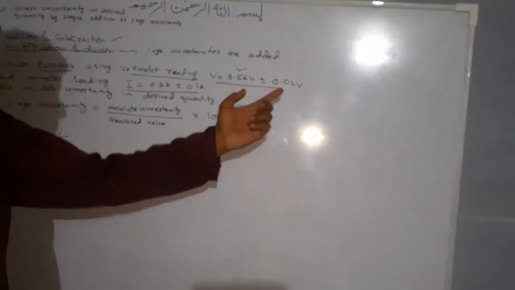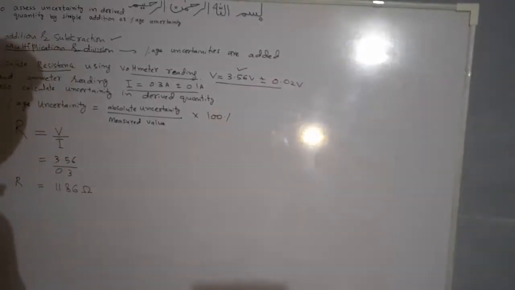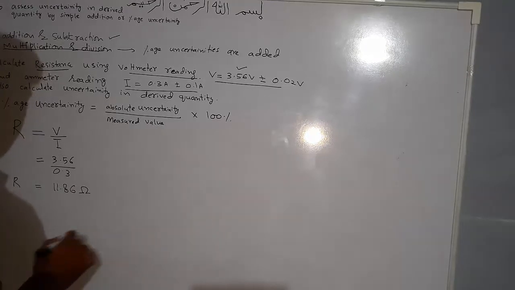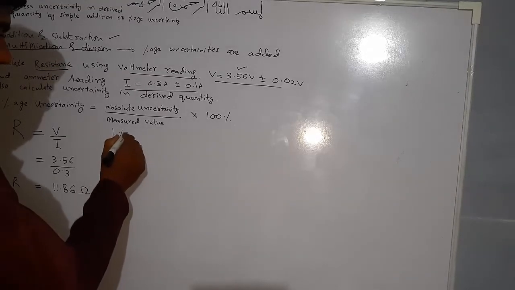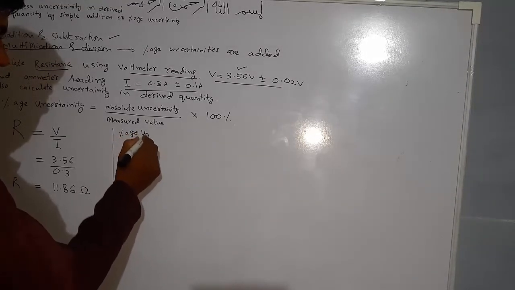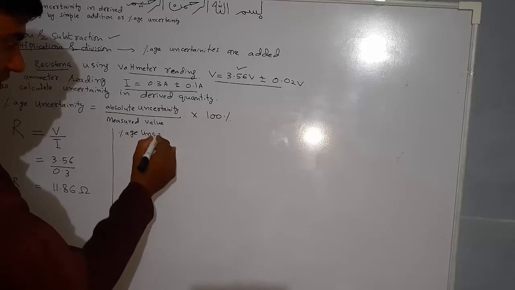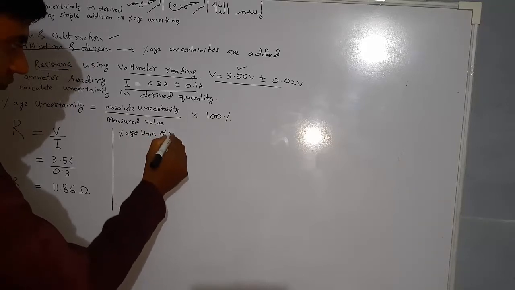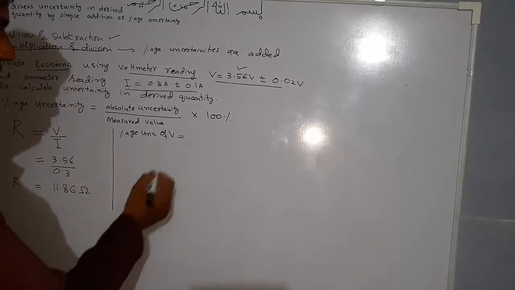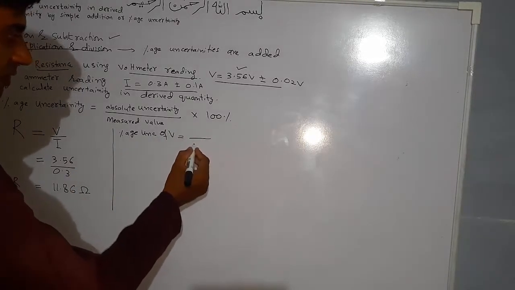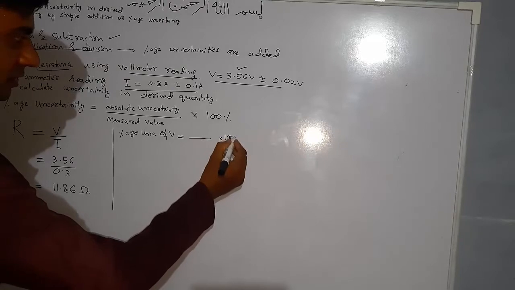First we calculate the percentage uncertainty for the voltage. The formula is absolute uncertainty divided by measured value multiplied by 100%.